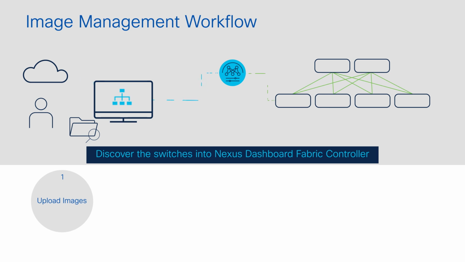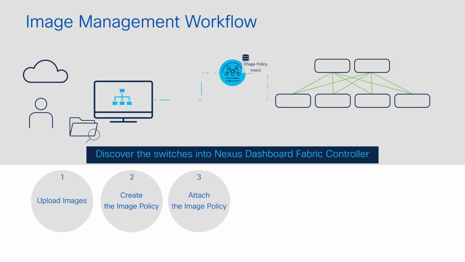Now let's look at an overview of the workflow of image management. The very first thing that we need to do is get the software. It can be an NXOS image, it can be an RPM or a patch from software.cisco.com, and make sure these images are uploaded into our Nexus Dashboard Fabric Controller or NDFC. So that's the very first prerequisite. The second is an image policy, which really defines the intent. It tells NDFC the user intent in terms of what needs to be done.